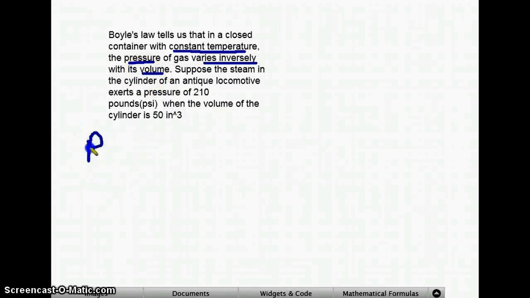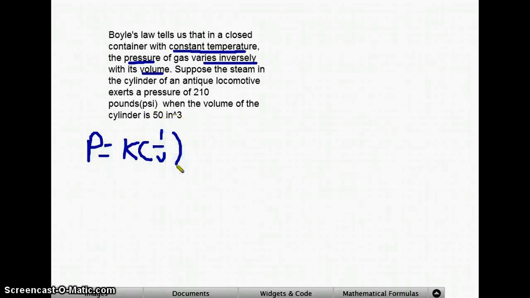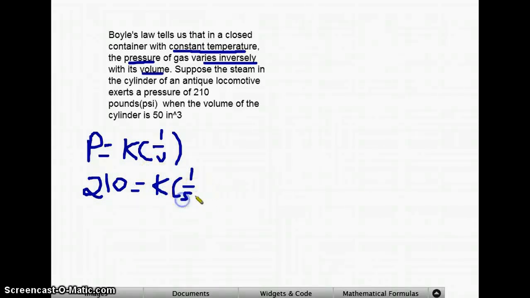So pressure varies inversely with 1 over V. In other words, when we substitute, it would be 210 equals k times 1 over 50, because that was the volume from this, 50. And then the pressure was 210 up here, pressure up here, 50 inches cubed.